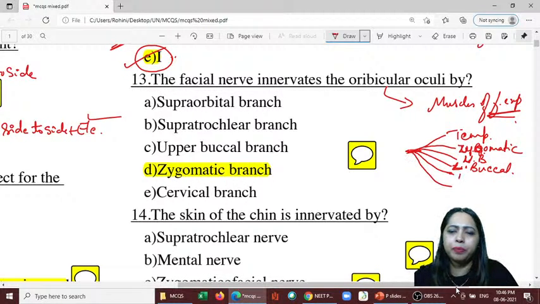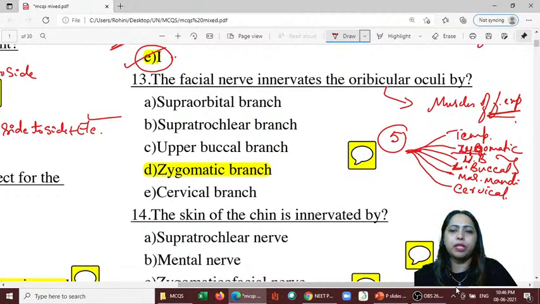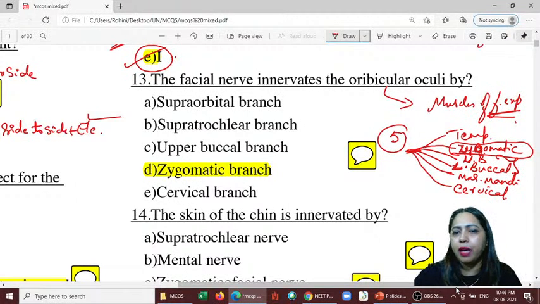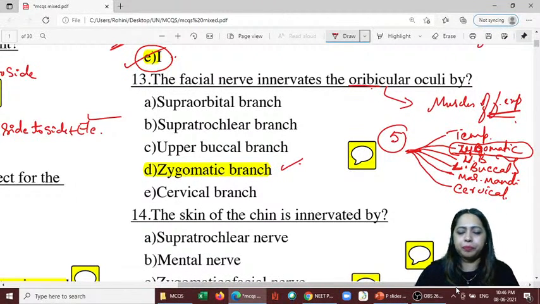Then marginal mandibular. Then you have cervical. Actually, this is considered to be just one when it starts, so there are actually 5 branches. We are talking about the zygomatic branch, which supplies at the eye level to orbicularis oculi. So this is the one. Okay. Next one.